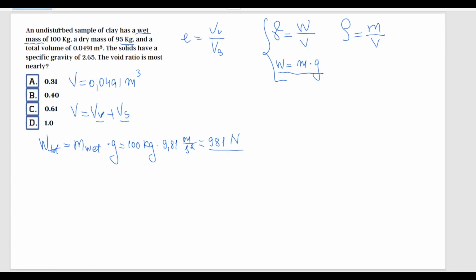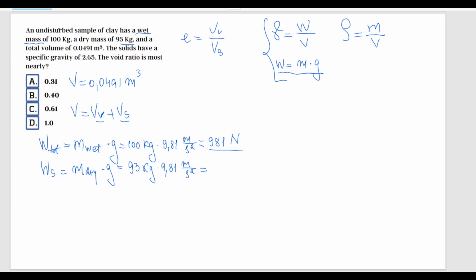Next, we can calculate the dry weight, which is actually the weight of the solids. It's going to be equal to the dry mass multiplied by g. This is 93 kilograms multiplied by 9.81 meters over seconds squared.